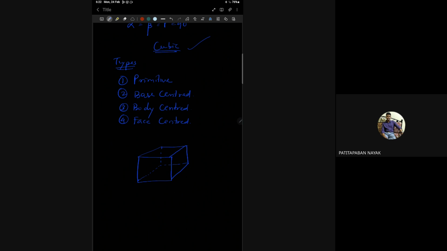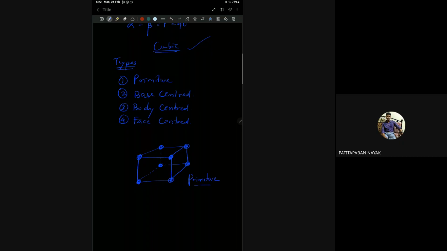If atoms or basis are attached only to the corners of the cube, then it is called primitive.